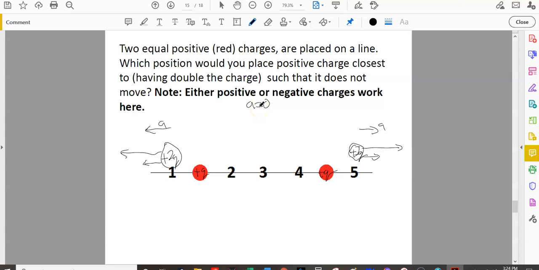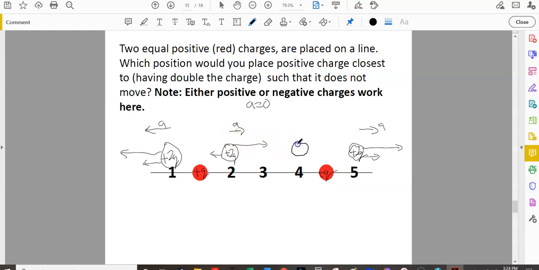All right, let's try it here. Well, this positive 2Q, if you put it right here, is going to have a large force on it to the right due to this positive Q, but then a weak force to the left due to this other Q. So the net force is going to be to the right, so it's going to begin accelerating to the right.